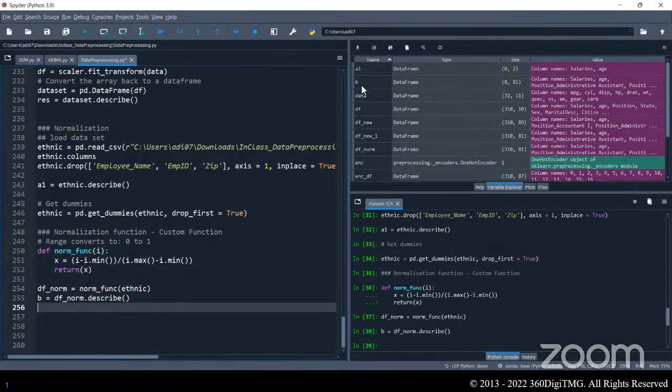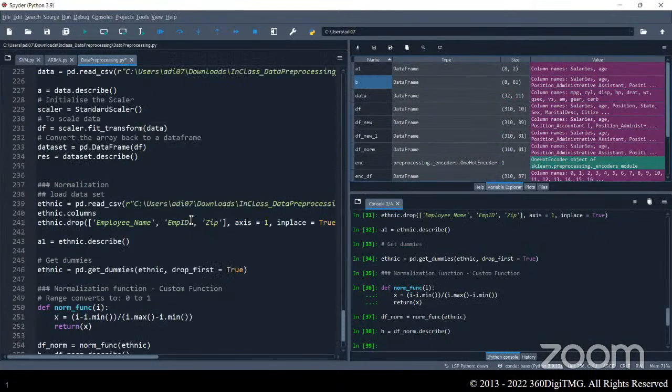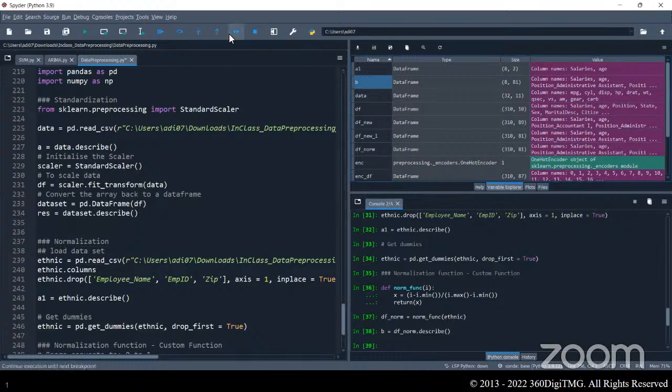So here if we look at B, this contains minimized, maximized values. All right. And then finally, we do standardization.